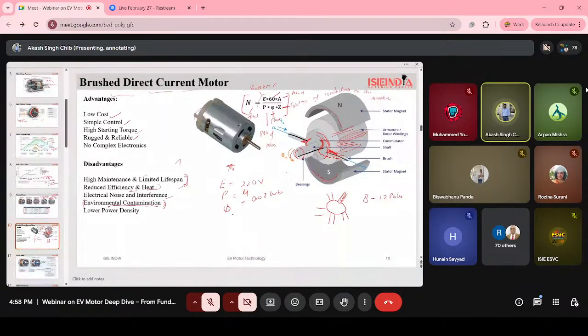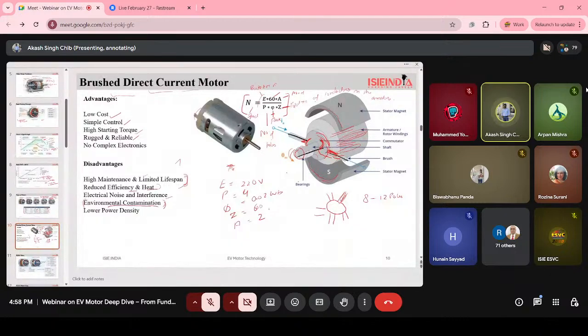Z is the total number of conductors in the armature, which we can take as 200, and A is our number of parallel paths. We can take the number of parallel paths as 2.